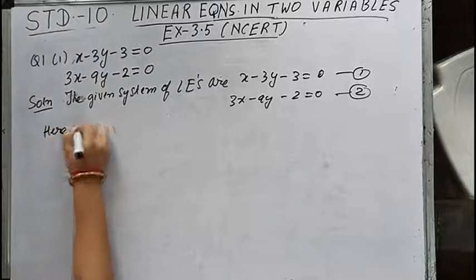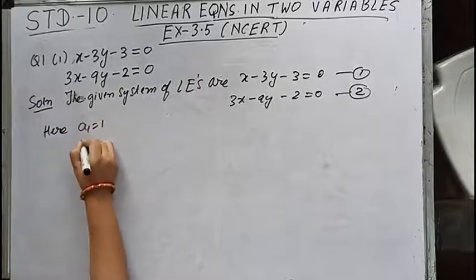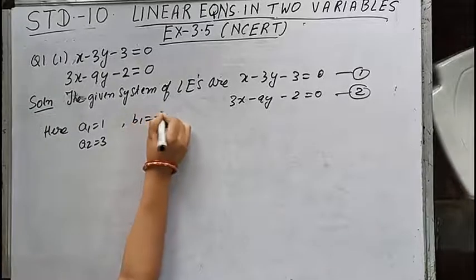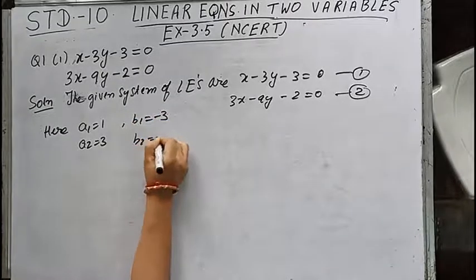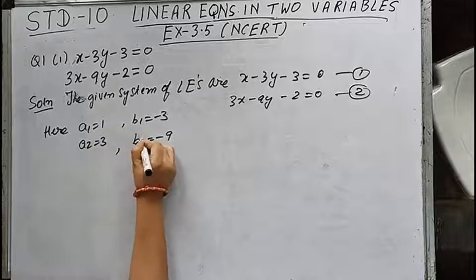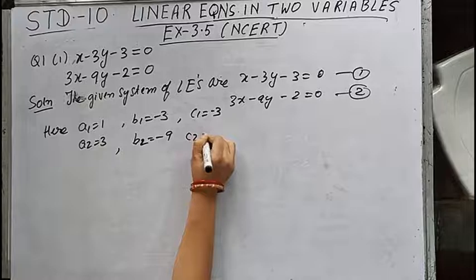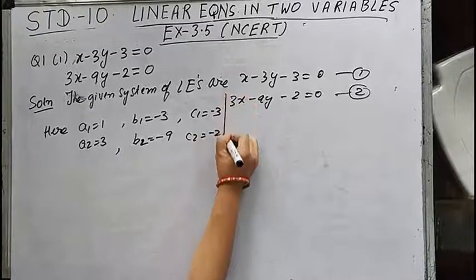Here a1 equals to 1, a2 equals to 3, b1 equals to minus 3, b2 equals to minus 9, and c1 equals to minus 3 and c2 equals to minus 2.